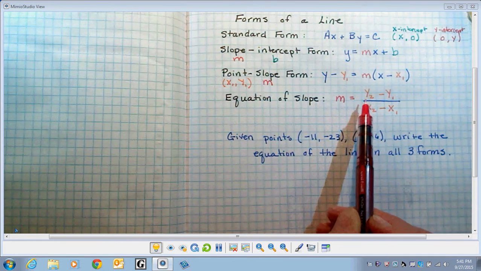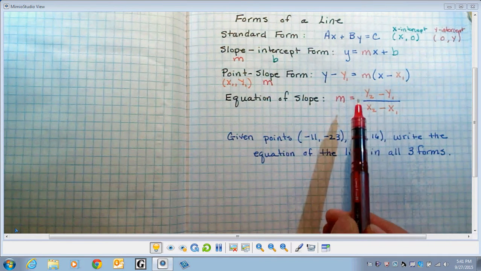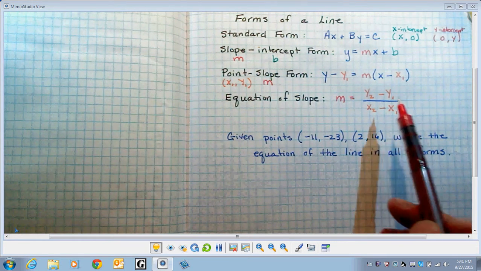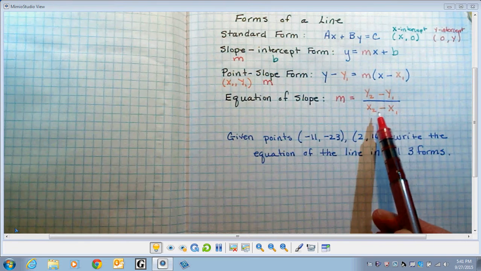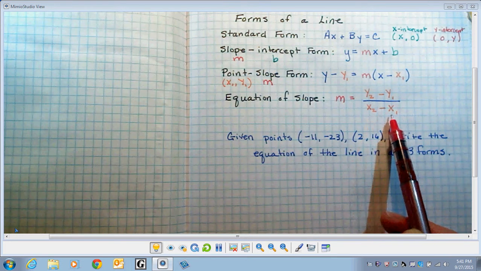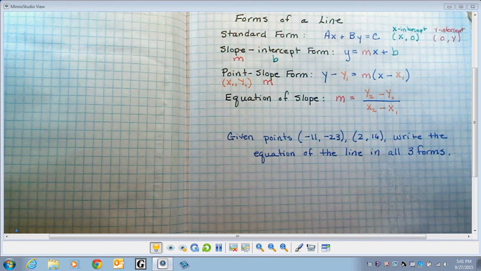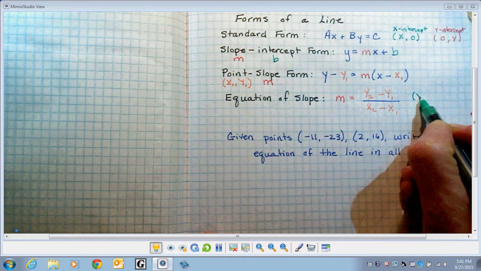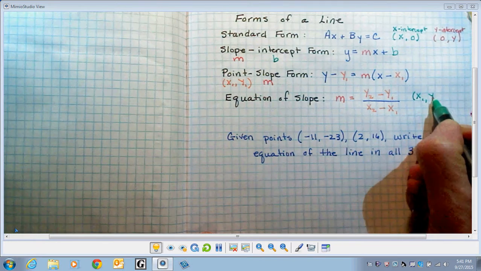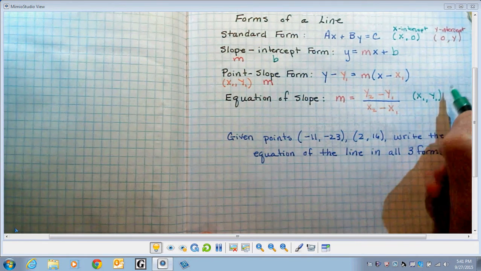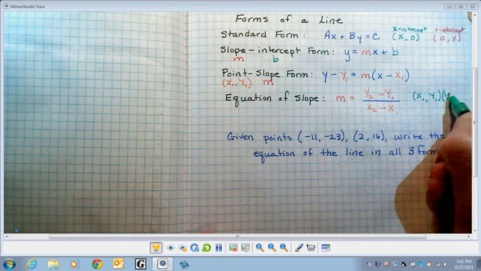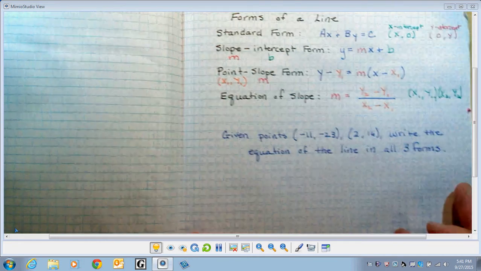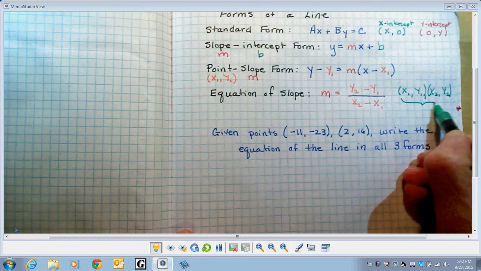So I need to remember how to do this algebraically, where I have 2 points. So notice my y's are together on the top and my x's are together on the bottom. So in order for this to be useful, I have to have at least 2 points. I have to have an x1, y1, and I have to have an x2, y2. Okay? So these are my points right here.